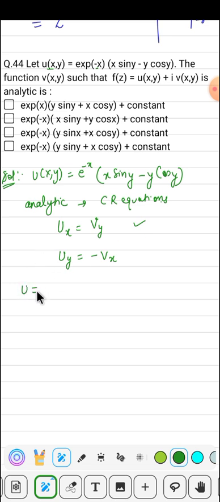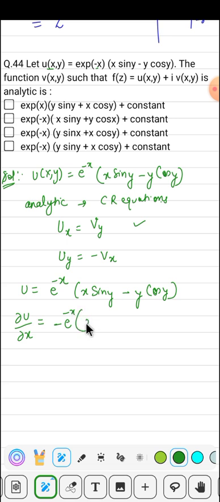If u is given as e^(-x)(x sin y - y cos y), then ux means du/dx, and we get the differentiation. So first I will differentiate: -e^(-x)(x sin y - y cos y) + e^(-x), and x means sin y, and the remaining terms are in y, so these are 0.